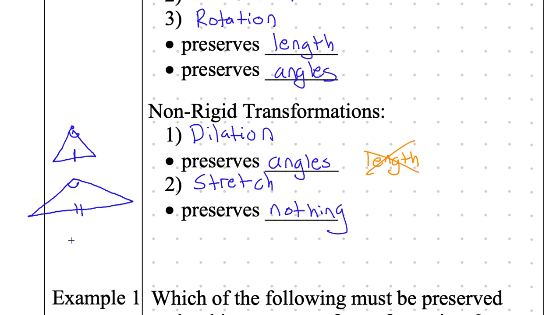Charles, question. On a rectangle or a square, if you do a horizontal stretch, you're seeing that it could be a maybe instead of a never? Yeah, maybe. Yeah, you're right. So, for example, if you have a rectangle and you're trying to stretch it horizontally, then yeah, this length and this length are going to be preserved.